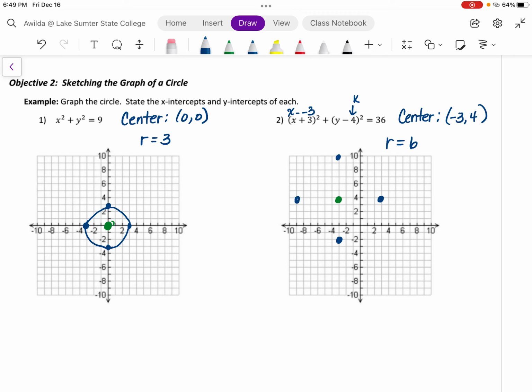And using these as our guides, then we can get a basic idea of what that circle is going to look like. In my math lab, you'll have a graphing tool that will allow you to have perfect circles.